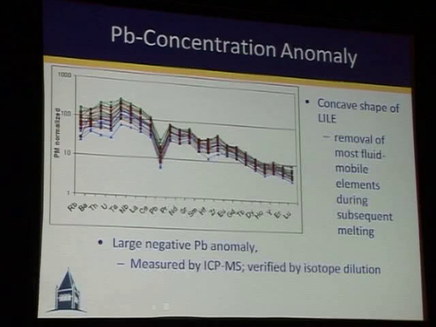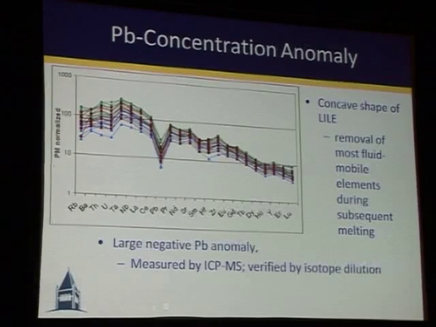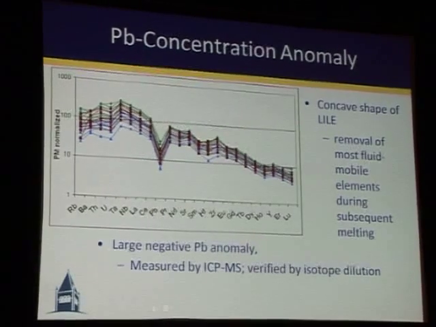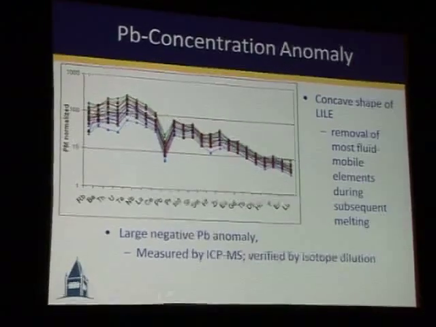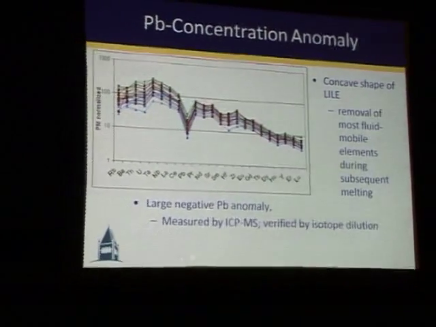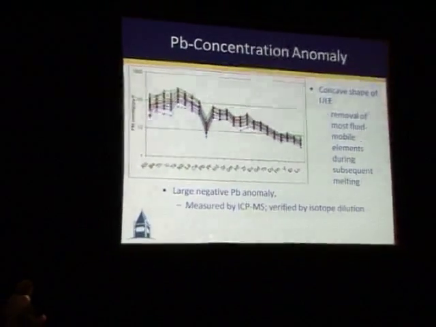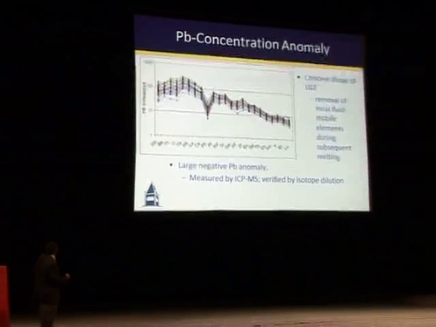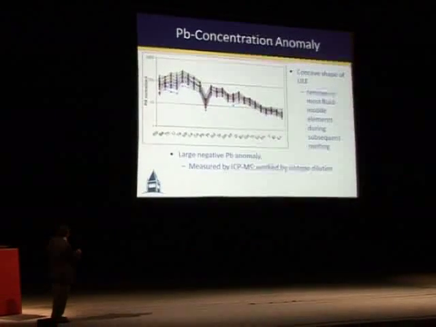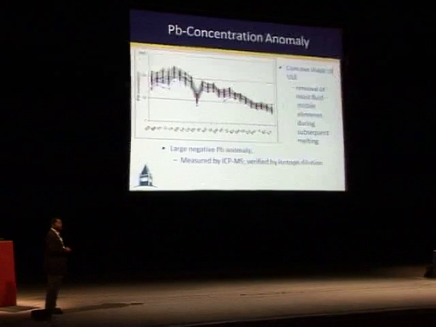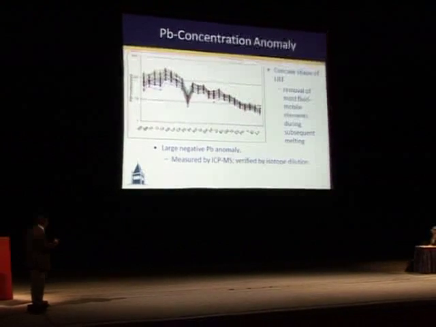The reason we think so is that when we look at the profile of trace element distributions like this, we find that there is a huge negative lead anomaly. Initially, we were startled by this. We made measurements using ICP-MS and decided to verify this using isotope dilution to make sure that this was a real feature that we could hang our hats on.